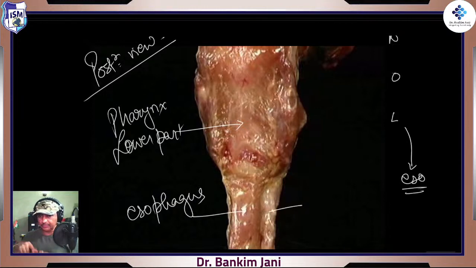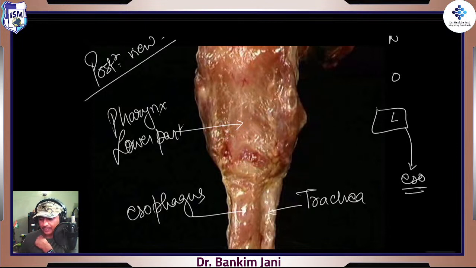Because this is the posterior view, anteriorly there will be the trachea, right? We saw that in our lateral view. But we are interested in this, right? Now, this entire thing is pharynx. So what if we remove the posterior wall of the pharynx, right? Imagine, this is anterior, posterior.